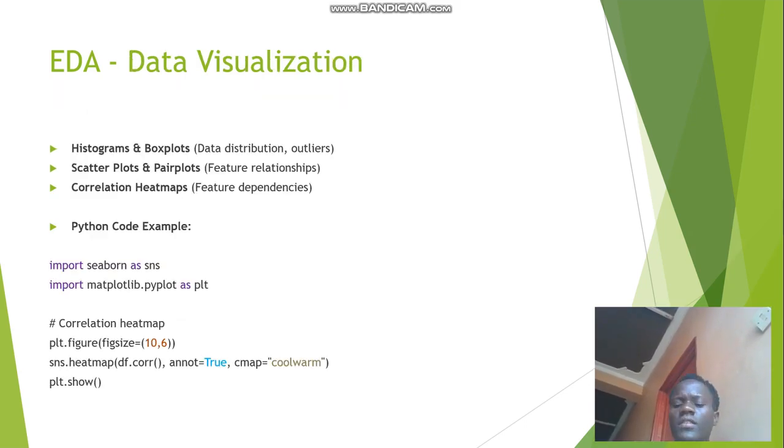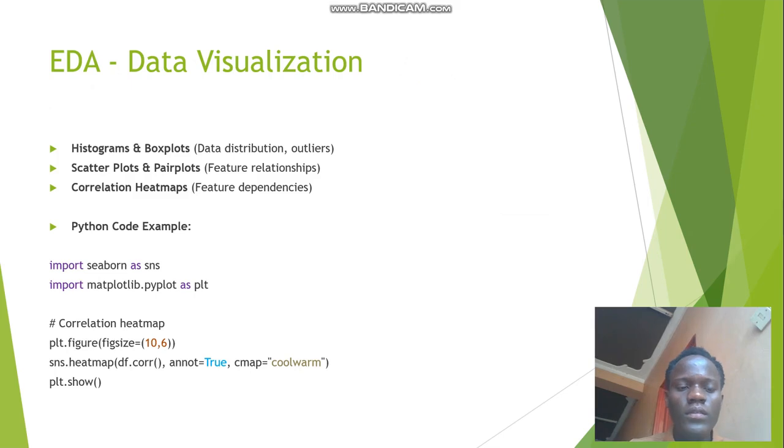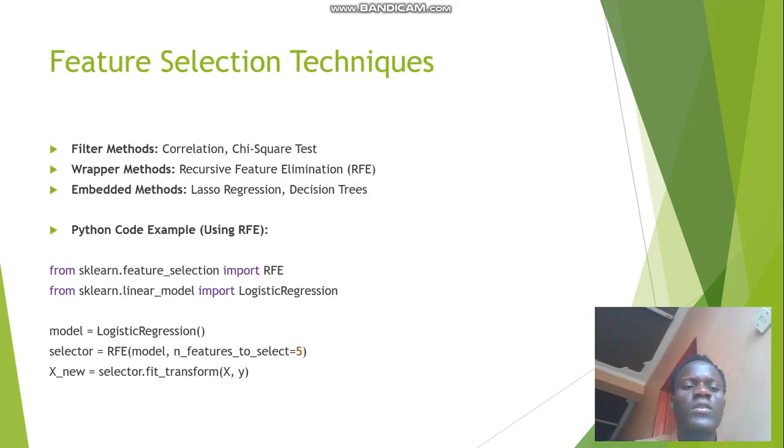Then data visualization, as we have talked about here: we have histograms, box plots, scatter plots or pair plots, and the correlation heat map. Python code: we import this library, then the correlation heat map. This code is run. I didn't take time to run the code to show you how it works.